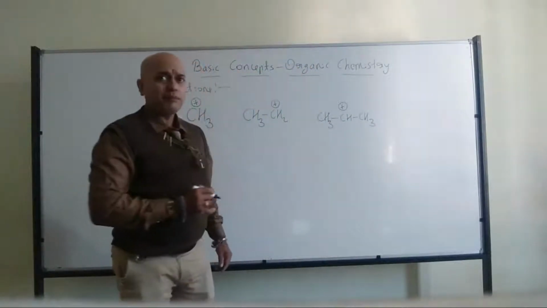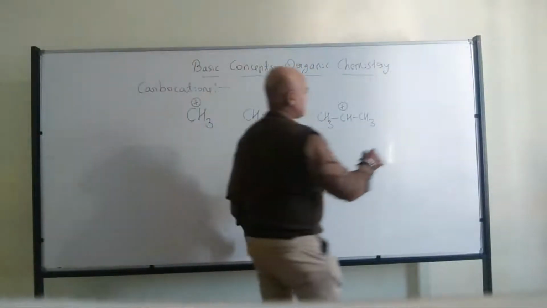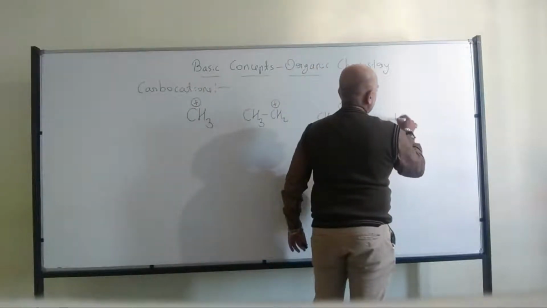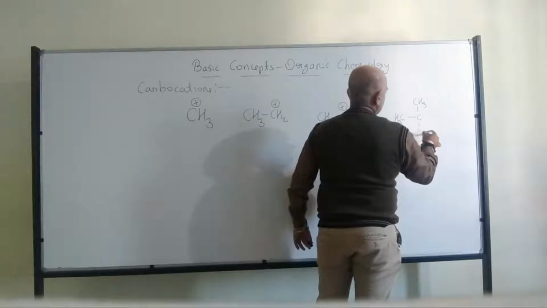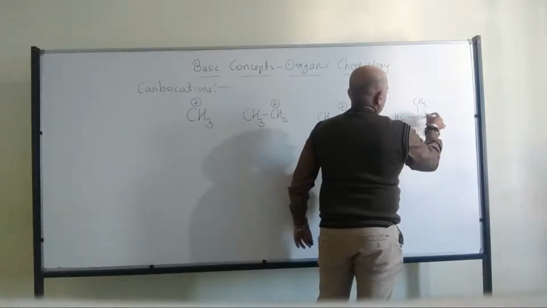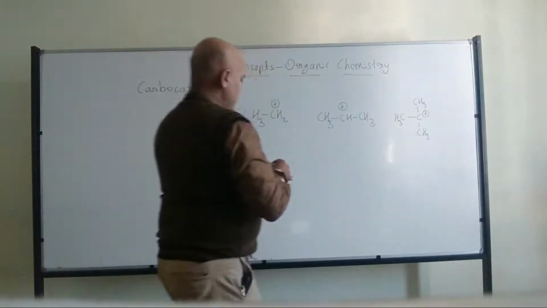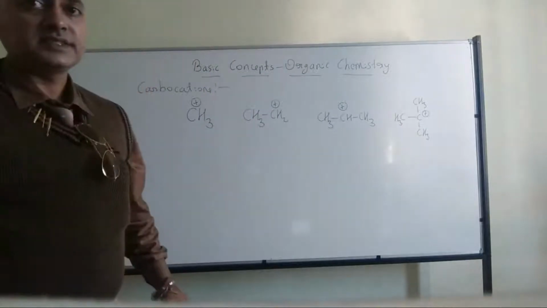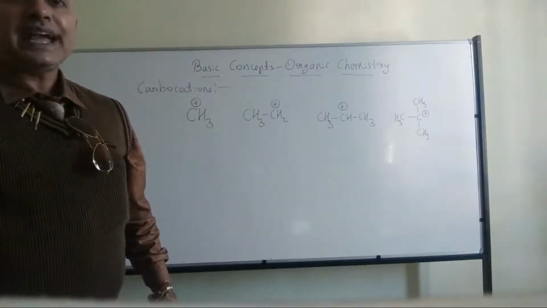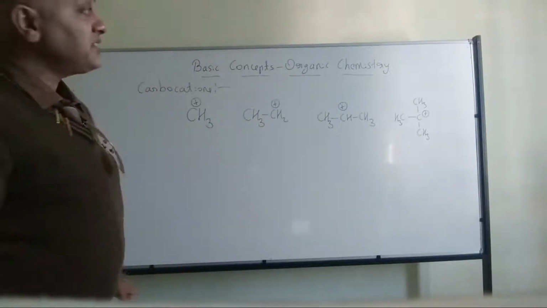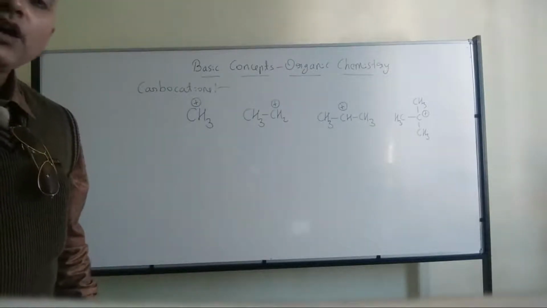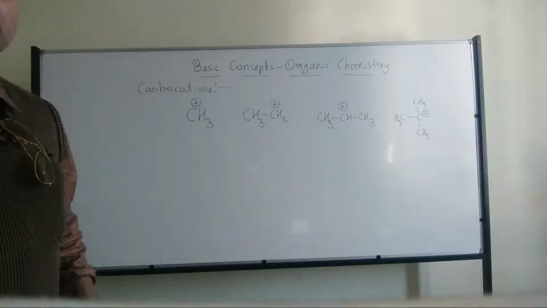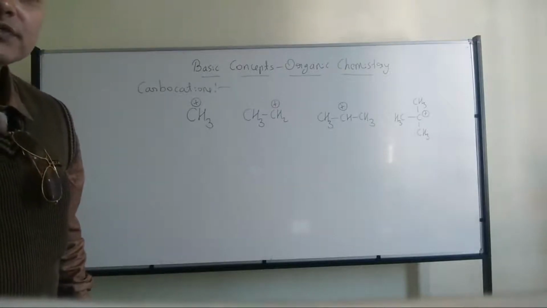So propyl carbocation. And this is isobutyl carbocation. Now if you observe it carefully, what is the difference between these carbocations? Whether all of them are the same, where the carbon is having positive charge?